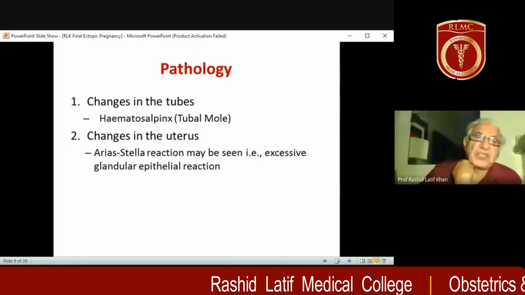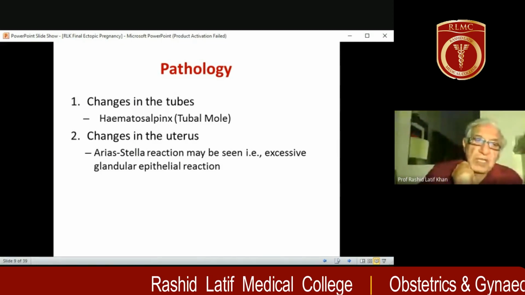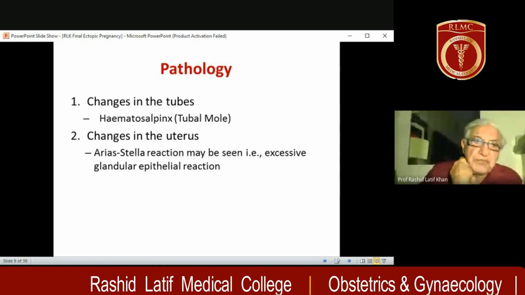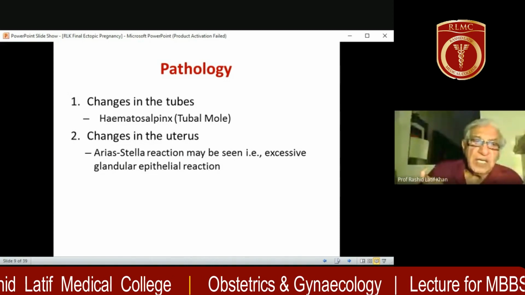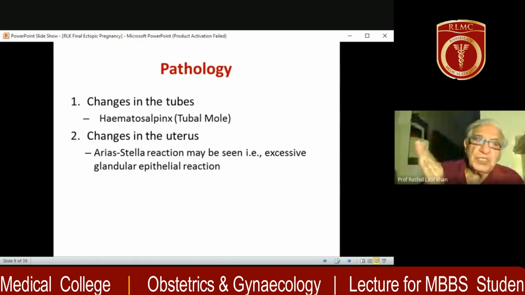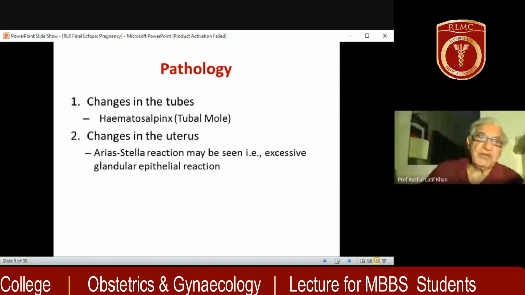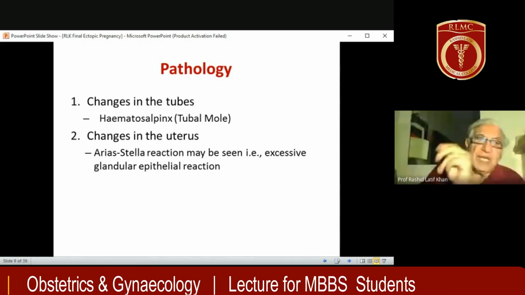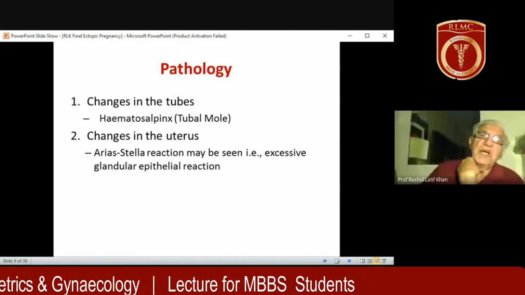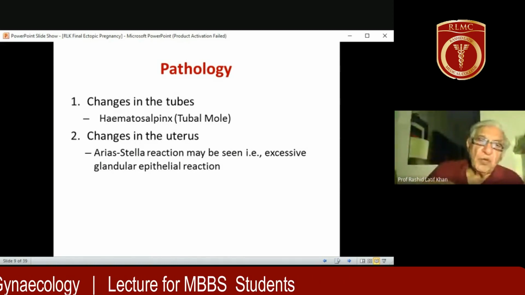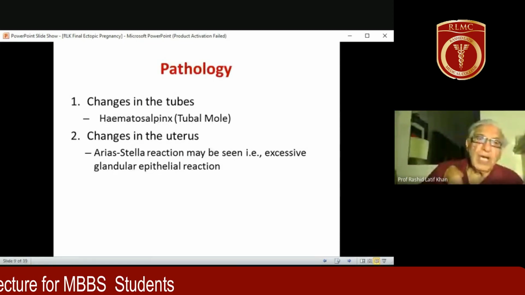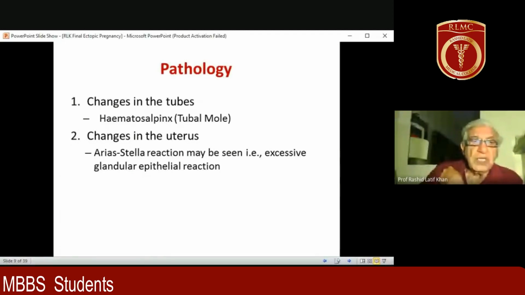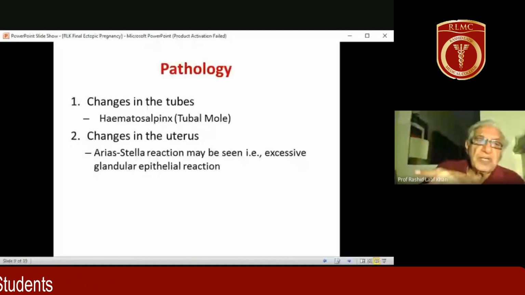That secretory phase continues to help the embryo to implant. And so those changes will always be there in the endometrium, whether the pregnancy is in the uterine cavity or outside the cavity. And similarly, when the implantation takes place in the fallopian tube or anywhere else, local decidual reaction takes place to help the trophoblast to implant. And when this happens in the tube, some bleeding takes place.